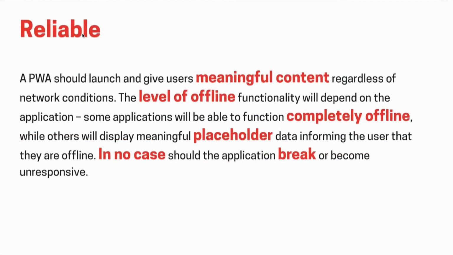At which level offline functionality is supported depends on the developer who developed the progressive web application. You can either work completely offline, if everything is cached on your smartphone, or you get meaningful placeholders that inform you, please come back later when you are online. But in no case does a progressive web application show you a 404 error. It should always respond with meaningful content.